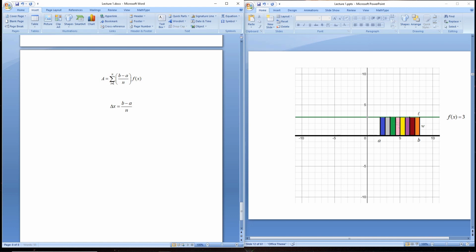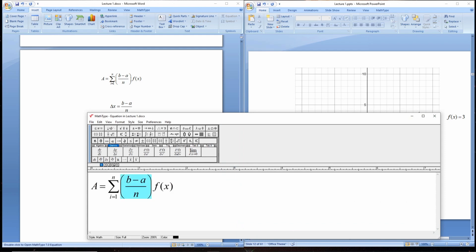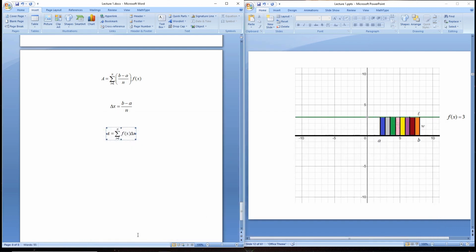And we're going to stick this into this summation. So now instead of b minus a over n, we're going to simply have this delta x. And then here is our evolving expression for the area under a curve, given n rectangles.